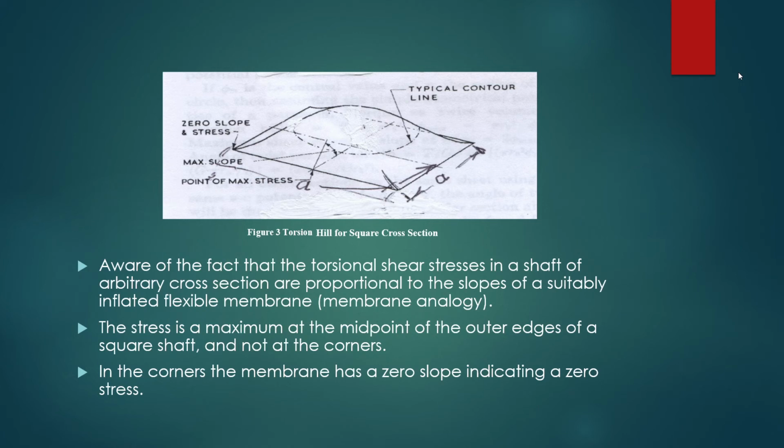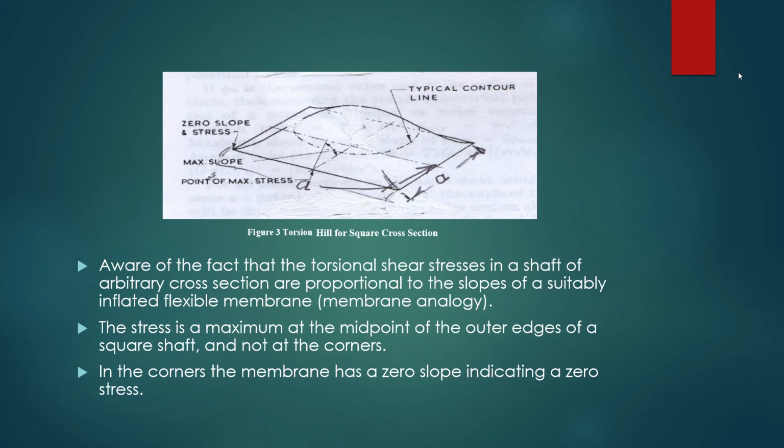However, for the square hole, the membrane will be forced to lie flat with zero slope at the corners and a steeper slope at the midpoints of the outer edges.